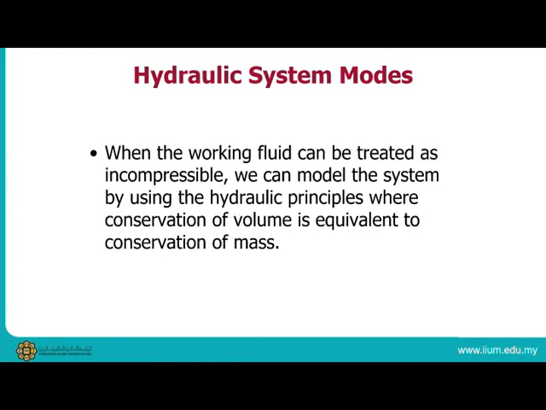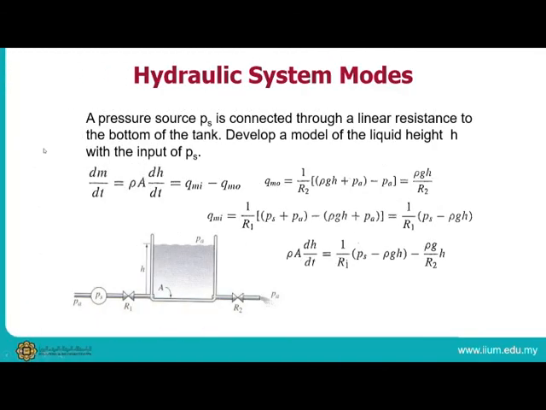When you have a fluid that is incompressible, you can use the system as a hydraulic system. Basically, the conservation of volume is equivalent to the conservation of mass. Let's see another example. As usual, the formula that you need to use is m equal to rho V, then V is equal to A h.